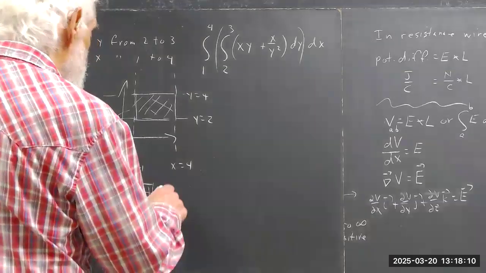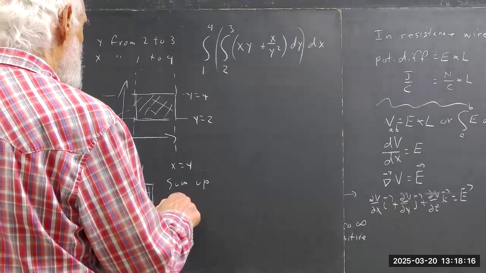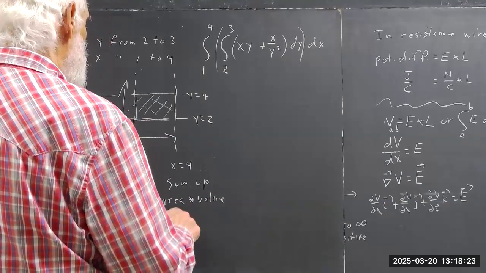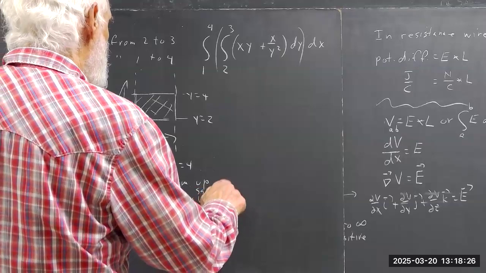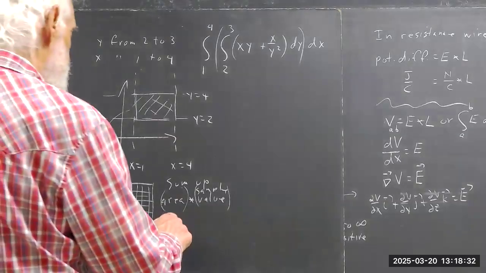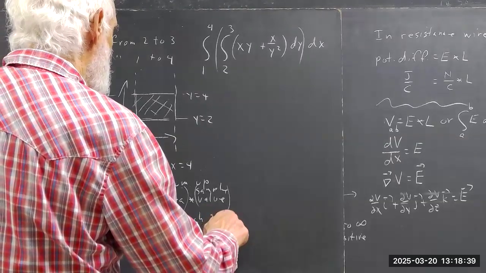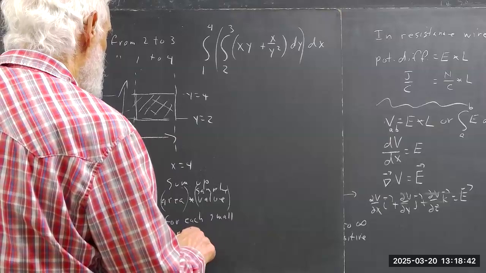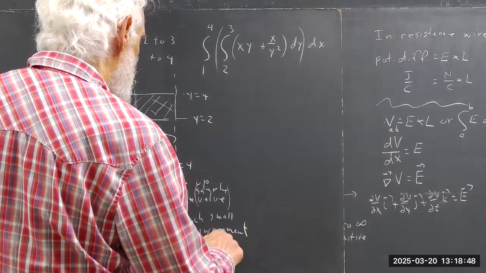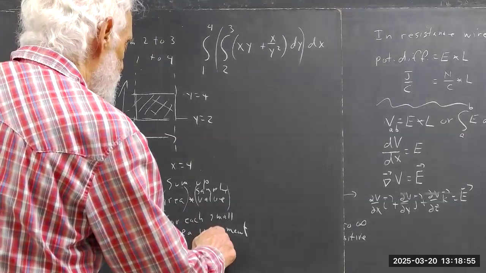So we could sum up area times sample value for each small area increment.